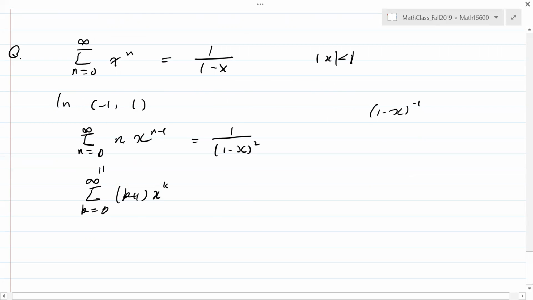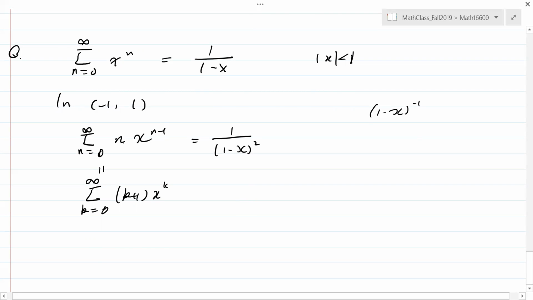So this power series has the same radius of convergence. You can prove that directly. The radius of convergence of this new power series is still 1.